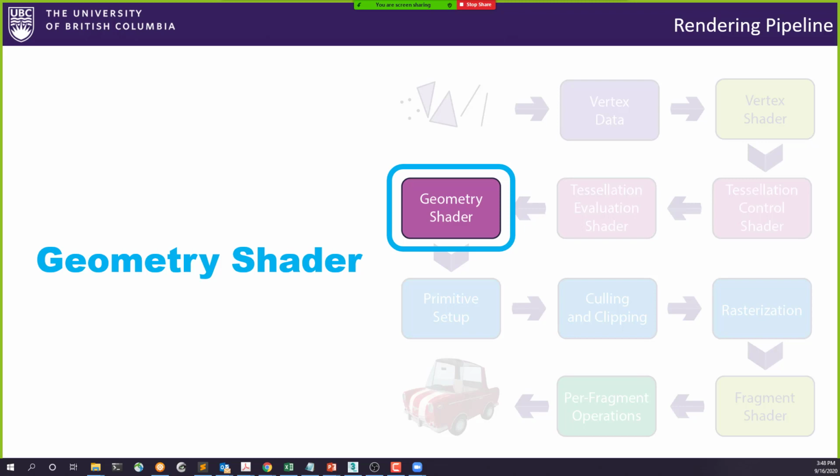In a nutshell, what was the geometry shader again? The geometry shader is a tiny stage that can create new geometry, but not necessarily based on the original triangles. Both it and the tessellation create new geometry, but the tessellation subdivides the original geometry.